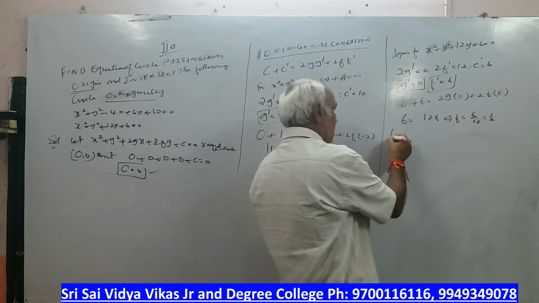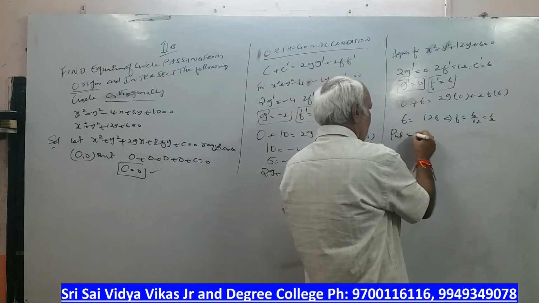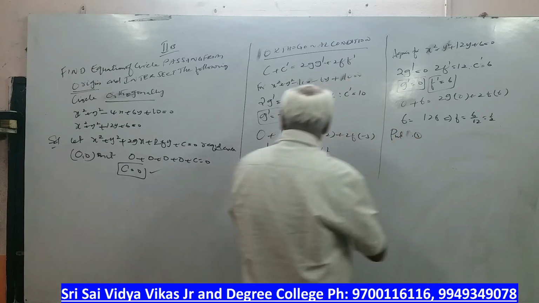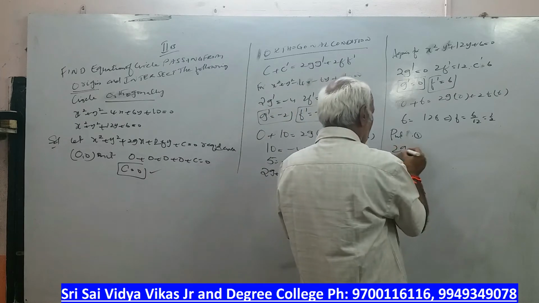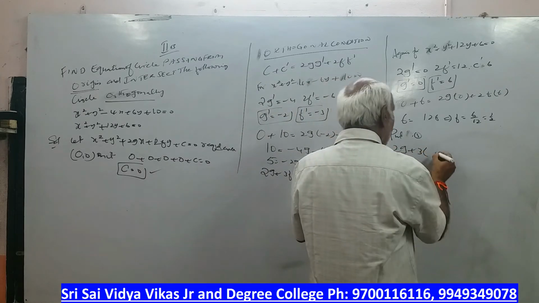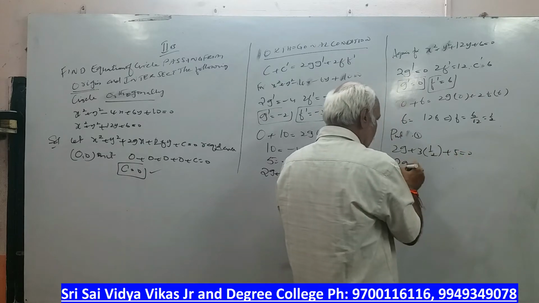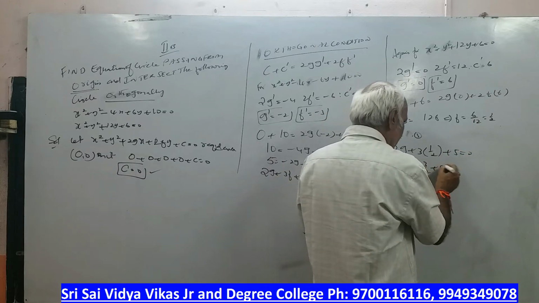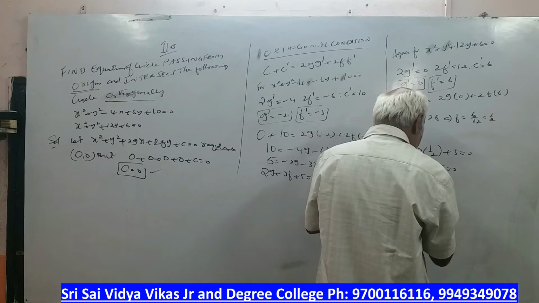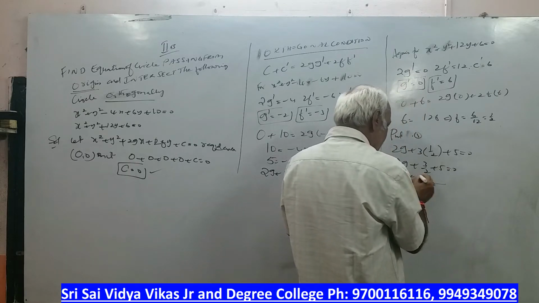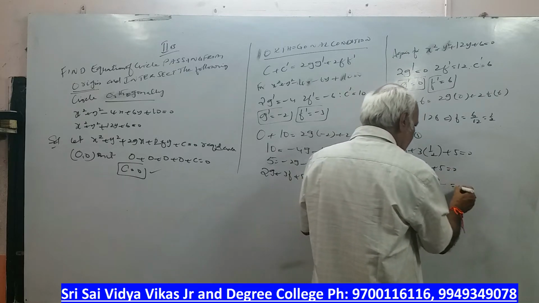So put in 1. What is the first equation? 2g plus 3 into f value, how much we got? 1 by 2, plus 5 is equal to 0. 2g plus 3 by 2 plus 5 is equal to 0. LCM is 2. So 4g plus 3 plus 10 is equal to 0.